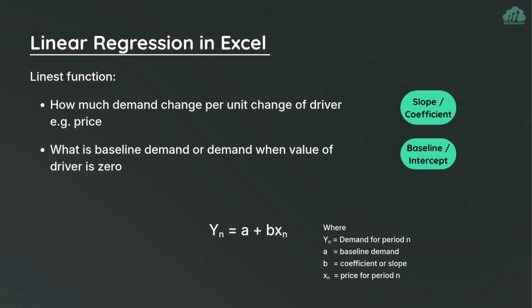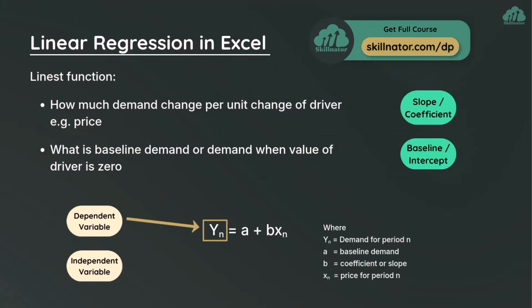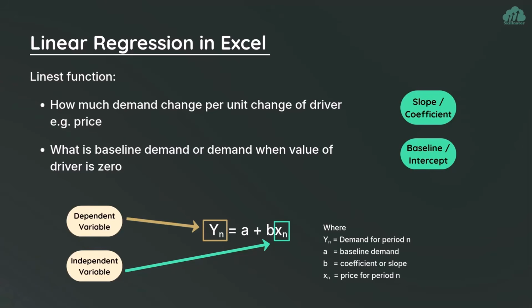Before we use the LINEST function, there's one important concept we need to be clear about. That is the dependent and independent variables. The variable that we are trying to predict, and in this case that is demand, is called the dependent variable, also referred to as the y variable. The variable that drives or explains the changes in demand, and in this case that is price, is called the independent variable or the x variable.